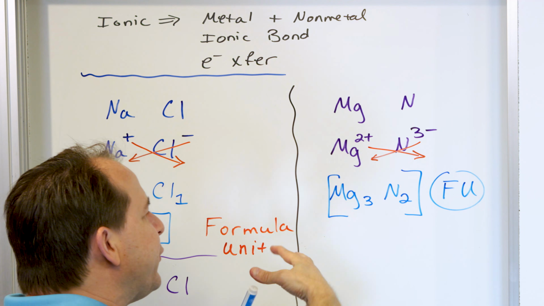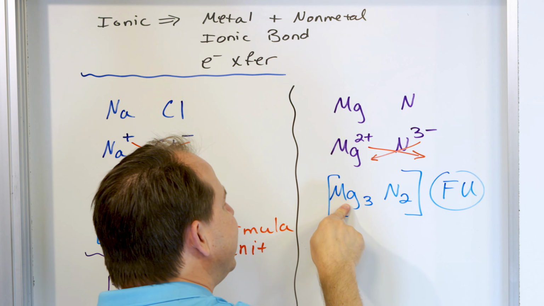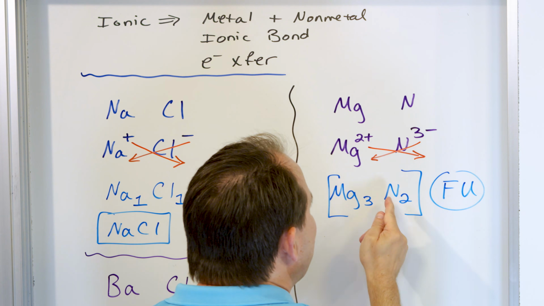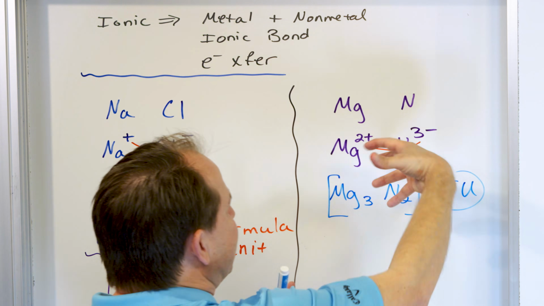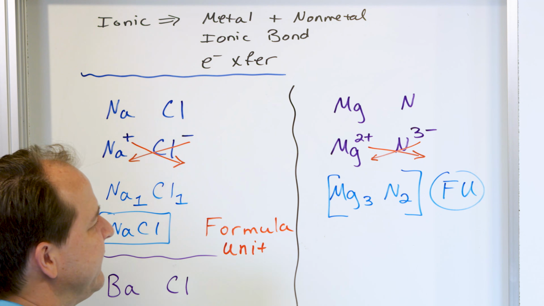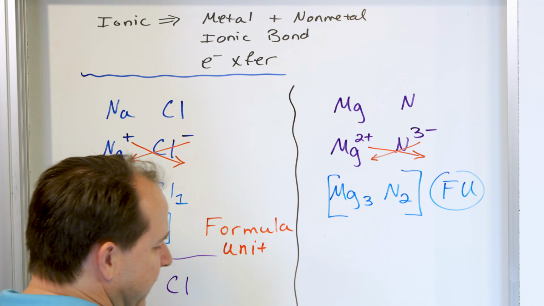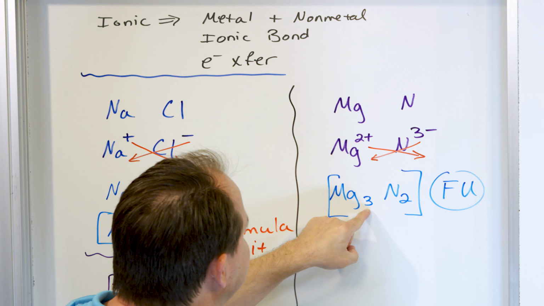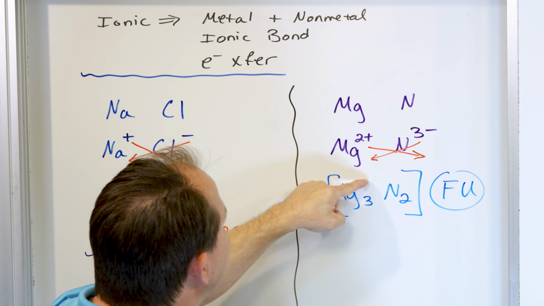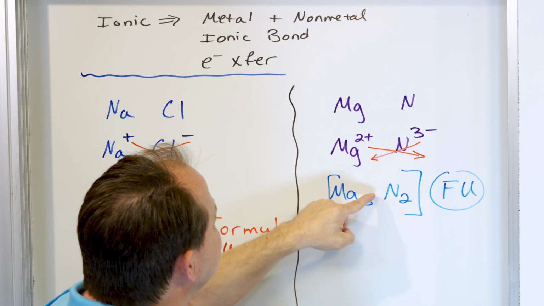Remember, it's really a 3-dimensional lattice where 3 magnesium atoms are bonded for every 2 nitrogen atoms, but in a 3-dimensional fashion as a crystal lattice. That's basically what's going on. And the reason why this ratio works is because if you have 3 magnesiums, each with a +2 charge, this is going to give you an overall charge of +6.